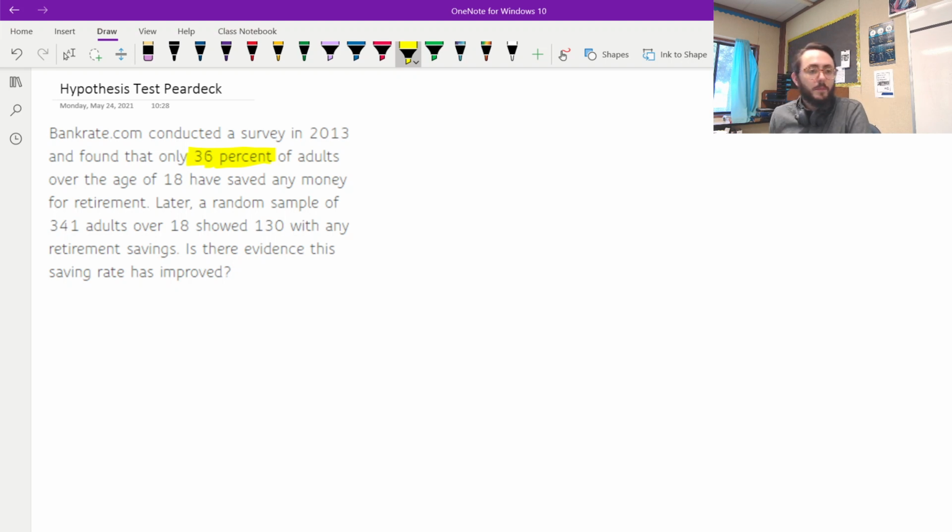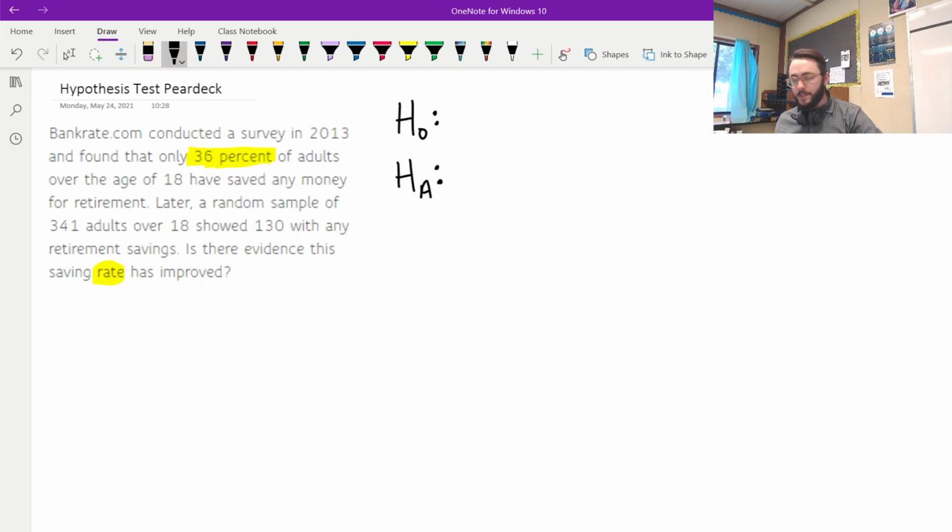Okay, so we talk about percent in here. And in a way, rate is also related to percent or proportion. So to write our null hypothesis and our alternative hypothesis, we need to identify what we're doing. We're talking about the percent of adults who have saved for retirement.